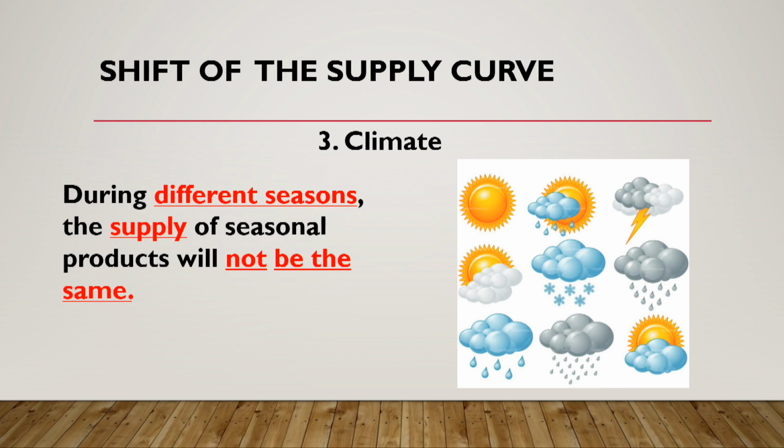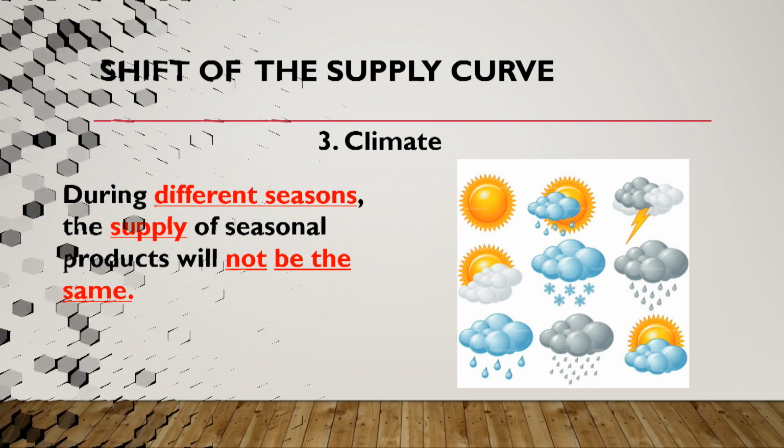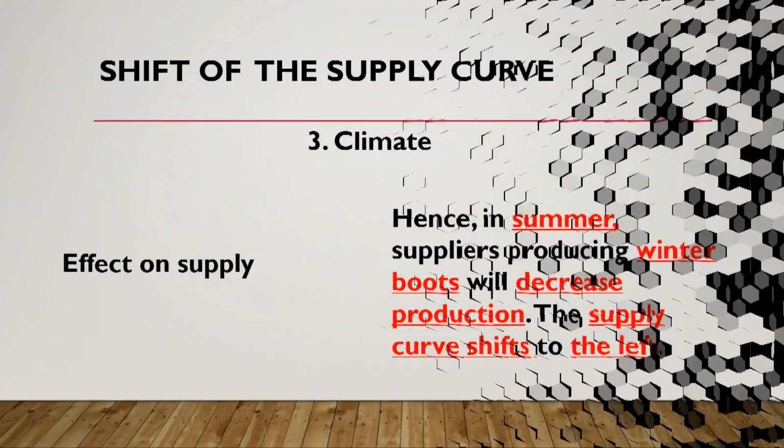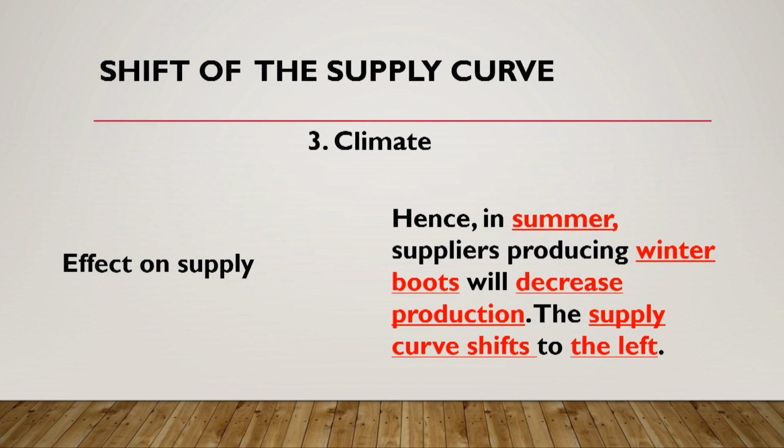Climate. During different seasons, the supply of seasonal products will not be the same. Effect on supply. Hence, in summer, suppliers producing winter boots will decrease production. The supply curve shifts to the left.